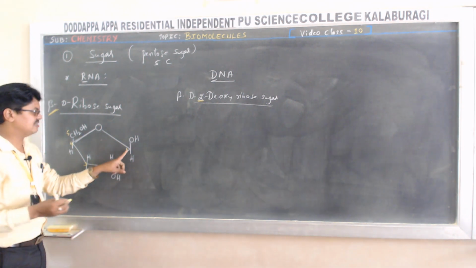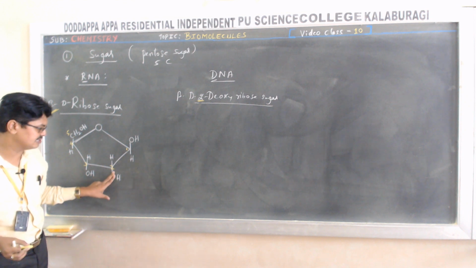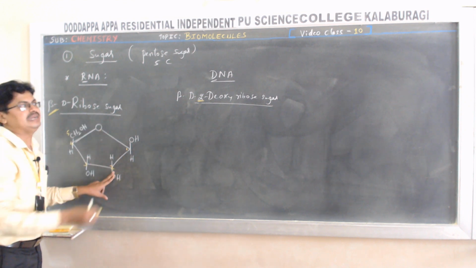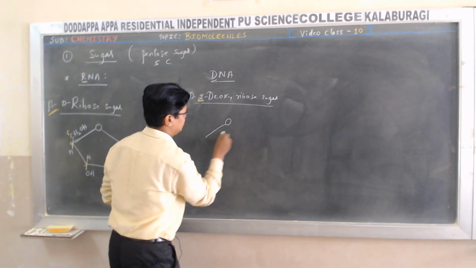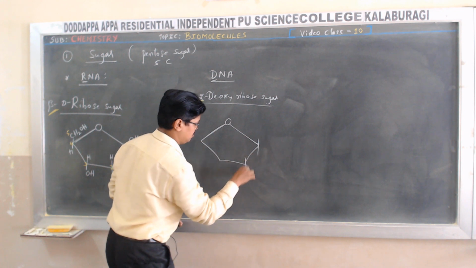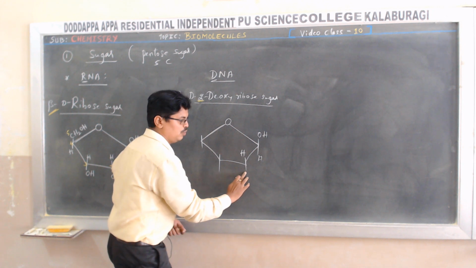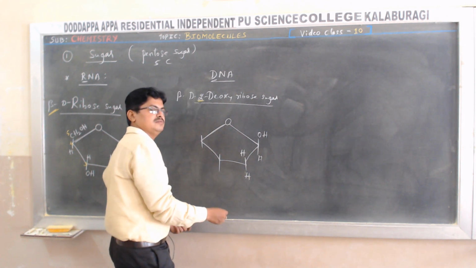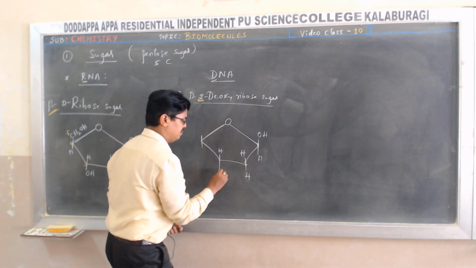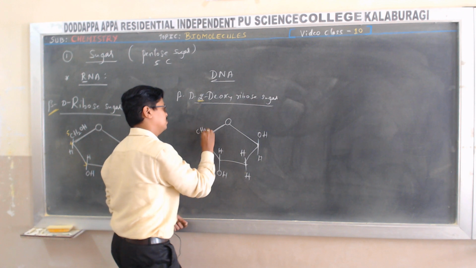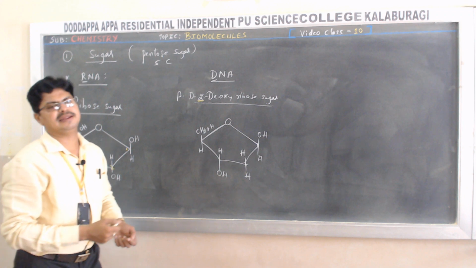In the second carbon, if you remove the oxygen, it becomes the structure of beta D 2-deoxyribose sugar. OH above means beta, it becomes H. Don't write O here, just write H. This is the second carbon, correct? So this is 2-deoxy, remaining as usual. So this is the structure of the sugar present in DNA and RNA.